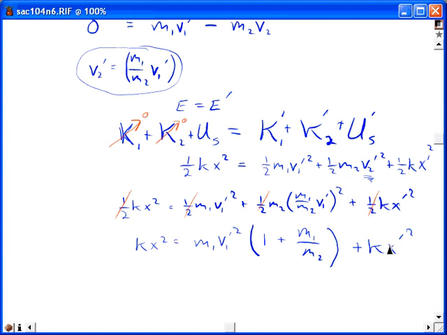Alright, I'm solving for the x prime squared, so, well, for the x prime, but I want to get that all by itself. So I'm going to subtract this piece from both sides, and I'm going to switch sides.